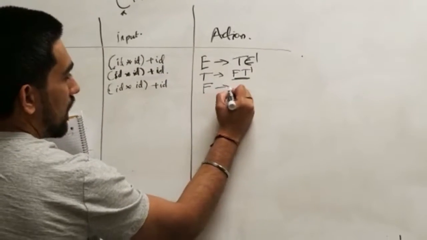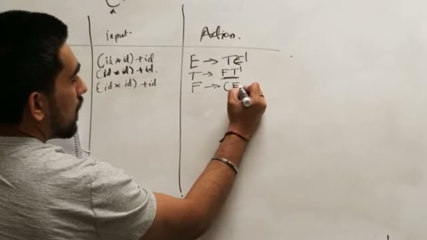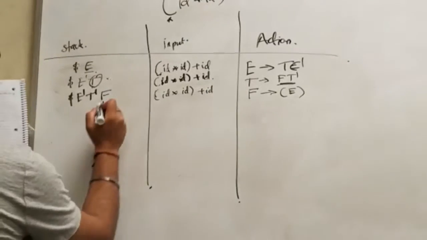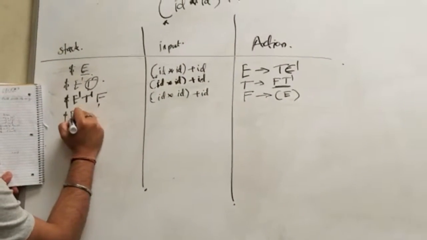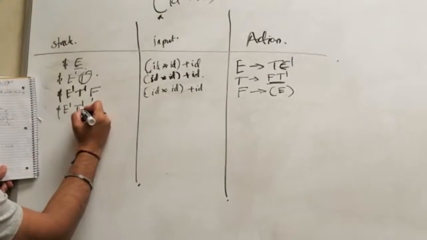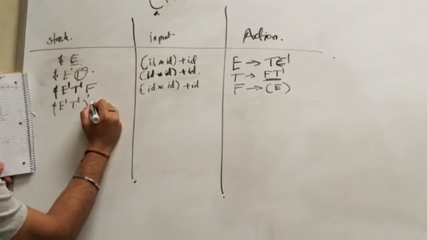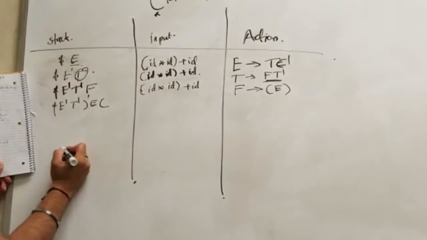For F it is opening parenthesis E closing parenthesis. So I am going to replace F with closing parenthesis, E, opening parenthesis, written in the reverse form.